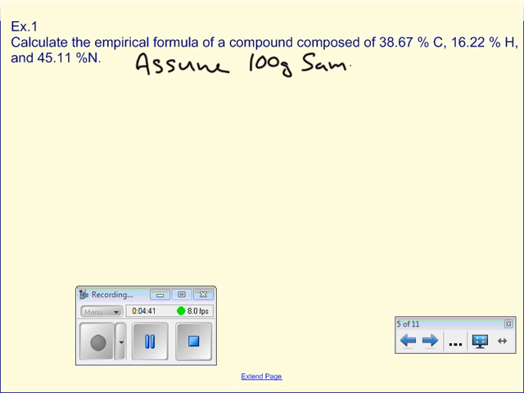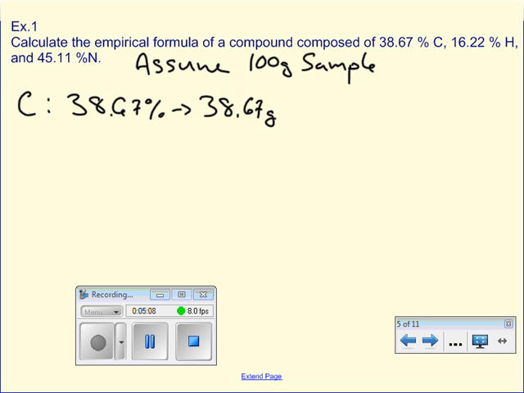It's not said, so I have to assume it, and this just makes my calculations that much easier. Next, I'm going to put down carbon, and I have 38.67%. I'm just going to convert that directly to grams. That's pretty easy. It becomes 38.67 grams.